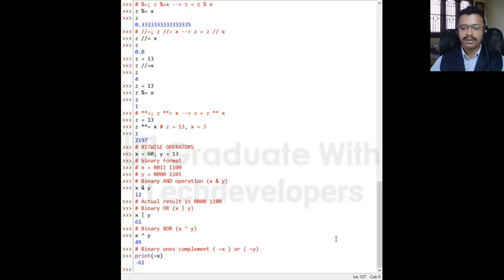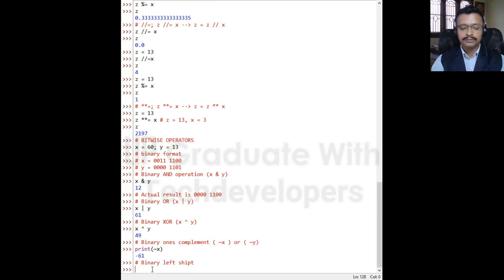Next we have binary left shift and binary right shift. So binary left shift will be like this. x will be left shifted towards the left by 2 digits, for example 2.